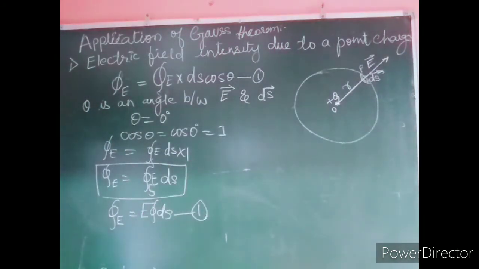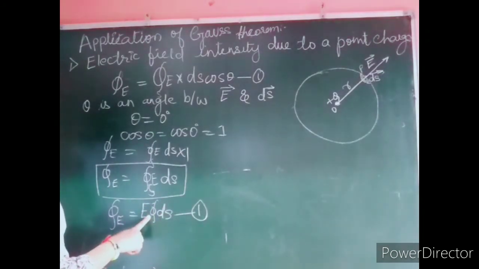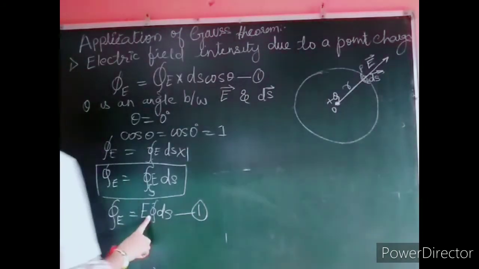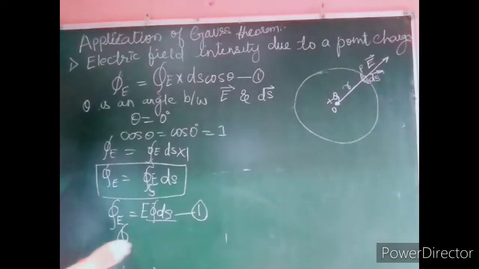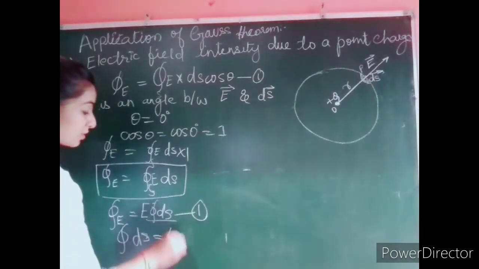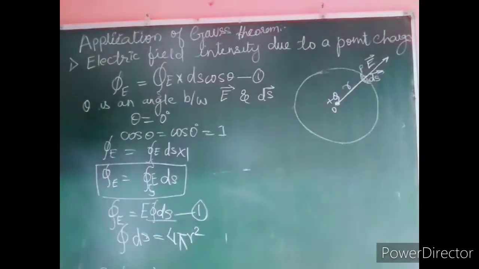Now this is our total closed surface area. So integral of ds, that is closed surface area, is equal to 4 pi r square.